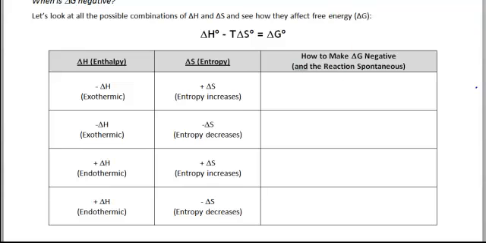As we said, that is a good thing for spontaneity because we want delta G to be negative, and entropy is positive. That is also a good thing because that will turn this whole second term into a negative quantity, and a negative will give us a negative always. So for a reaction, if it's exothermic and entropy increases, the reaction will be always spontaneous at all temperatures.